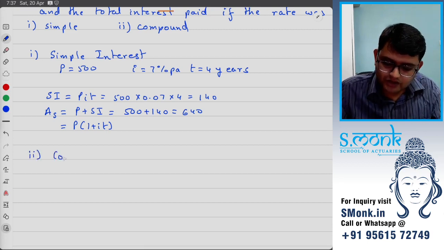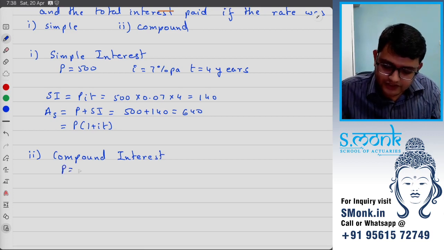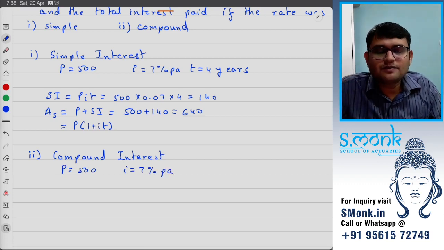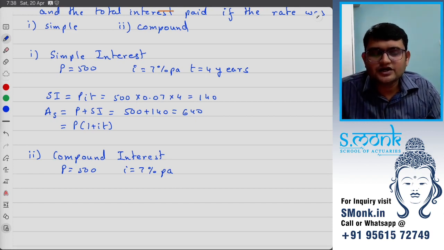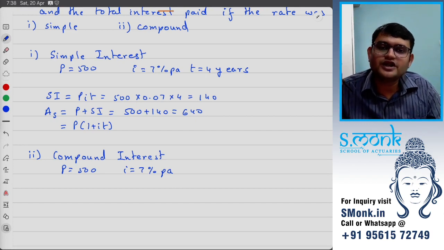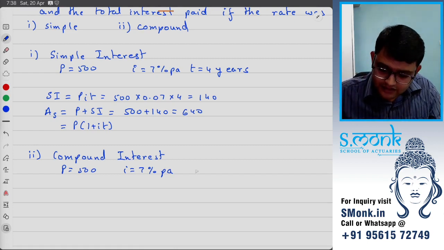The second, compound. Same principal amount, rate of interest is same. Now, when it comes to compound interest, one thing you should always remember is that at the beginning, in this chapter at least, we would want the rate of interest always in per annum and the n, that is number of years, always in years.